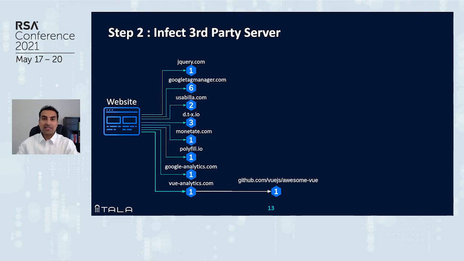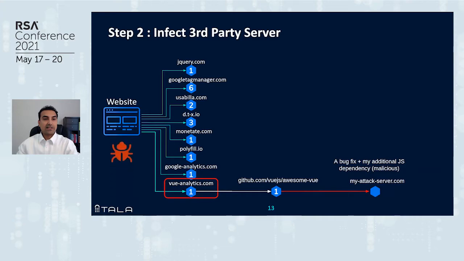Because for the past few months, I have been contributing to the open source community quite a lot. I've gained their trust in this time frame. And just last week, I put in a bug fix. And I also slid in another dependency to fetch one small JavaScript from my servers. So now, when you load the target website, your browser is going to fetch an infected Vue Analytics script, which brings us to the next step of the attack.